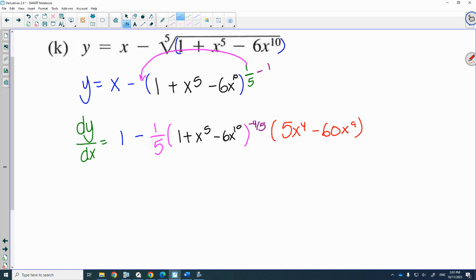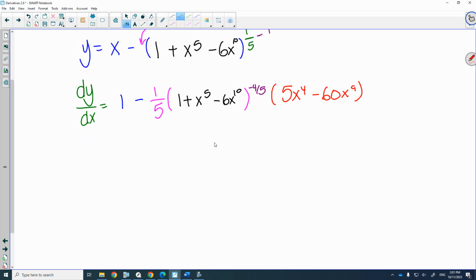Yep. And then where your answer stops in the book is they just clean this up by getting rid of your negative exponents. So clean this up by getting rid of your negative exponent.